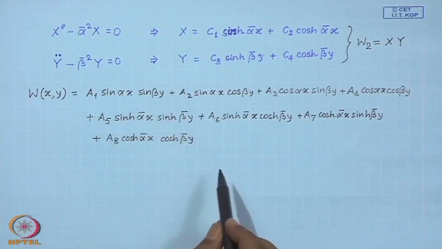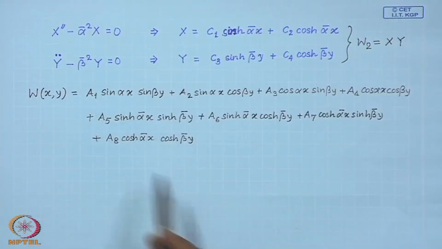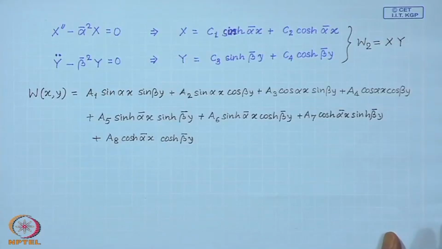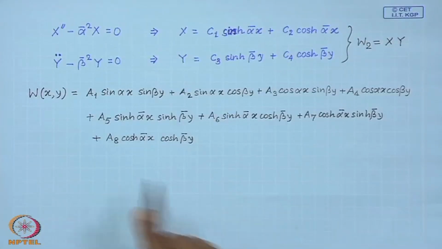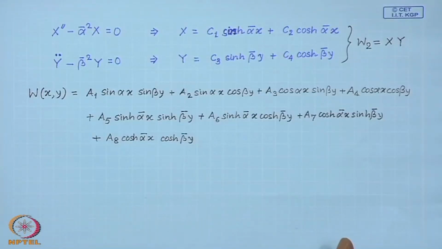In this class of solutions, there is no product of trigonometric and hyperbolic functions. So, we can intuitively have an idea that this is not general enough. Nevertheless, this is a solution which can solve a class of problems.